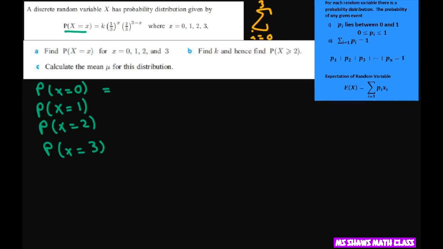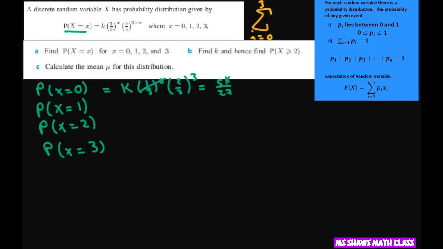So you're just going to plug in your x here, so you get k times 1/3 to the 0 power times 2/3 to the 3rd power. So that will give you 5k divided by 27. Remember, anything to the 0 is just 1.